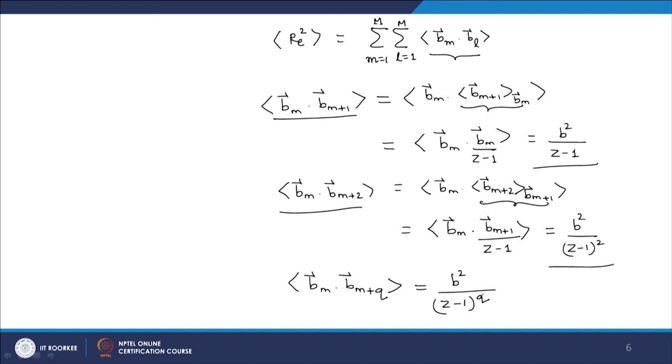Okay. So, let us go back to the formula for Re square and see how things change. So, now the Re square is the sum over m and sum over L, both going until m, of Bm dot Bl.